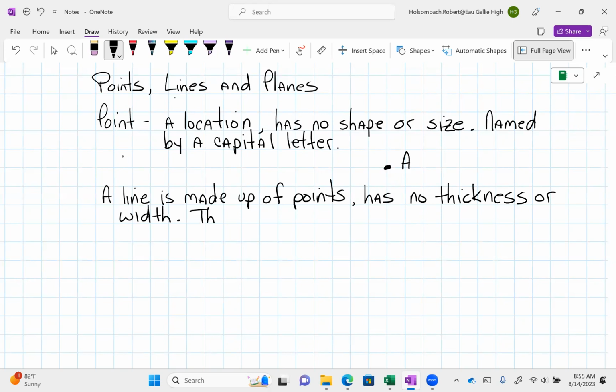There is exactly one line through any 2 points.